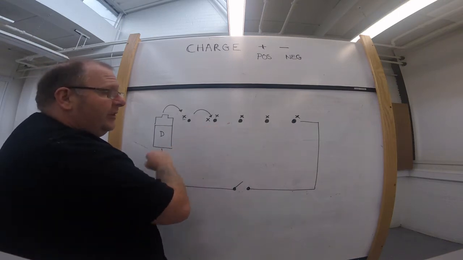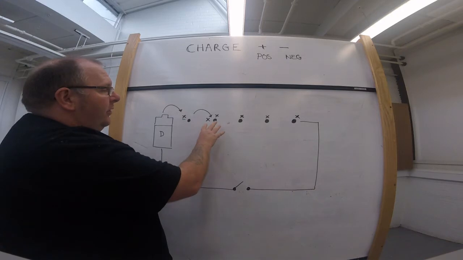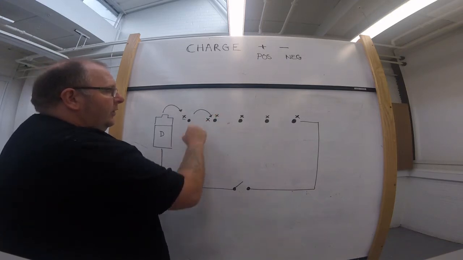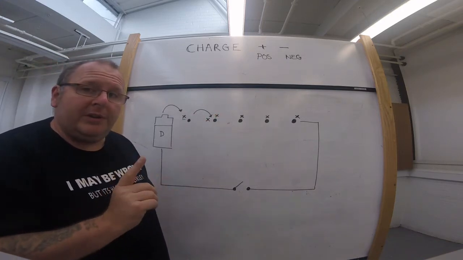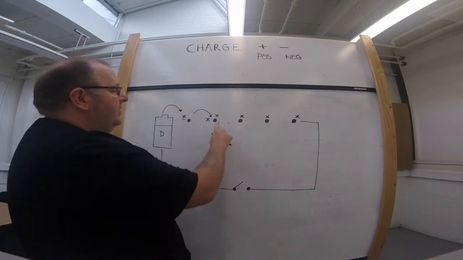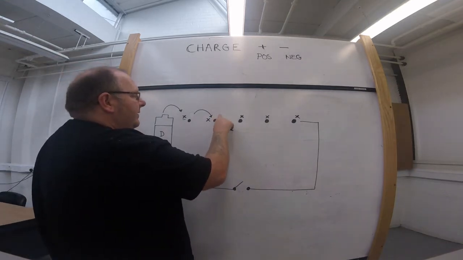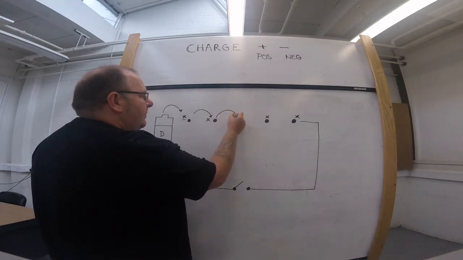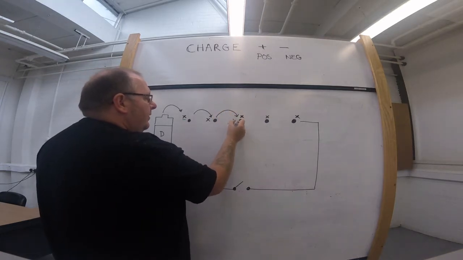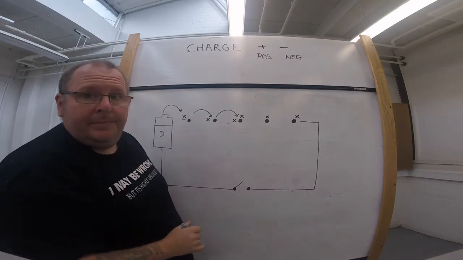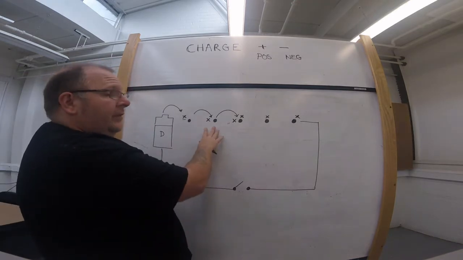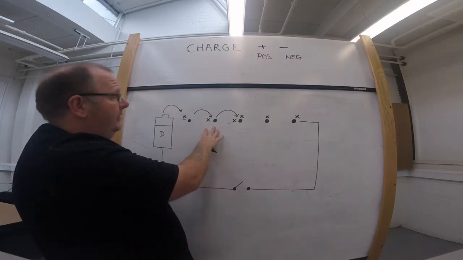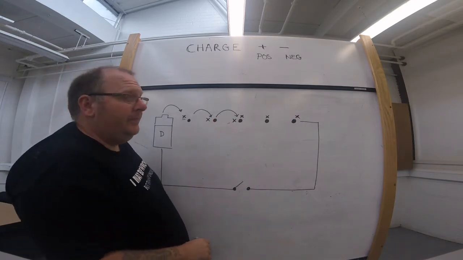It has neutrality. It has no charge. But the problem's only shifted along. Now this atom has 2 electrons. So what does it have to do? Simple. It has to give up one of its electrons to the next atom. Everything's fine now. At this stage, this atom is now neutral.